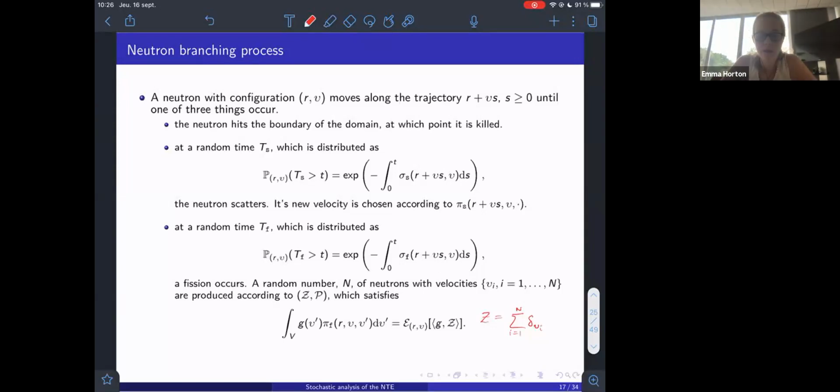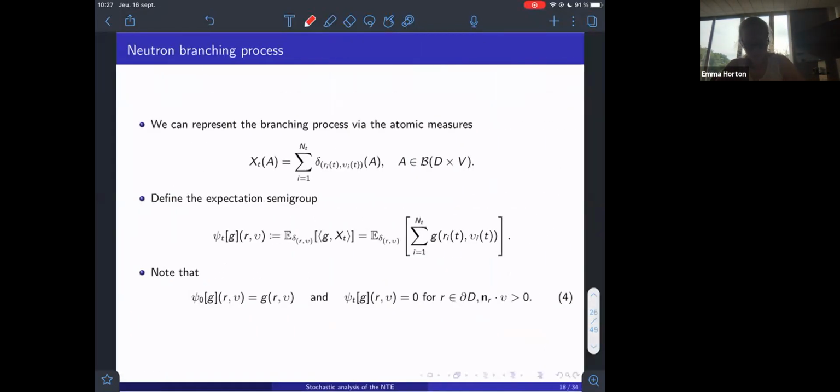In order to match the behavior of the neutron transport equation, I'm going to ask that the average of this point process Z is given by the density pi_f, so that pi_f does describe the average number of neutrons produced with velocity v'.